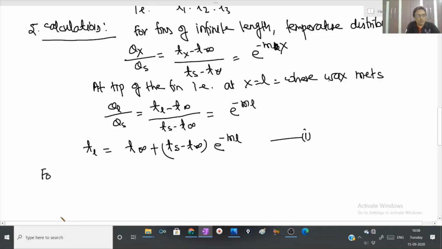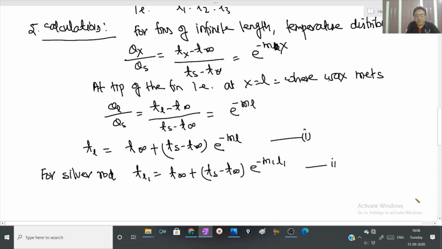So for silver rod, I can write it as TL1 is equal to T infinity plus Ts minus T infinity e to power minus m1 L1. T infinity will be same because all the rods are exposed to the same fluid. Ts is also same. Let's say equation 2.